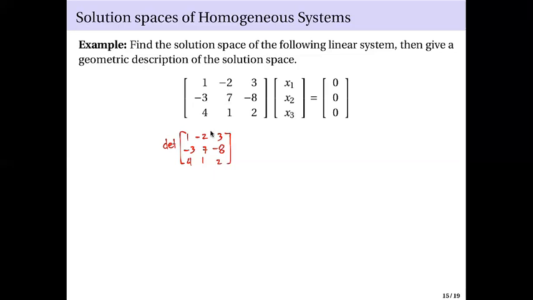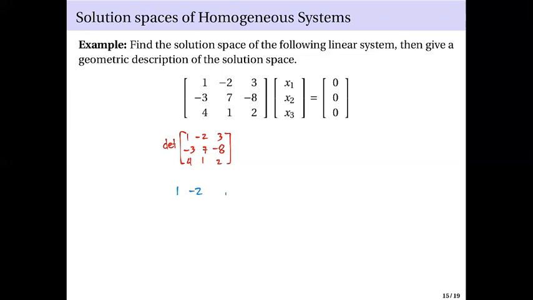Okay? And if the determinant is not equal to 0, this has a unique solution. And the only solution that we can find here will be the 0 vector, if the determinant is not equal to 0. So that's why I'm going to work on that method.